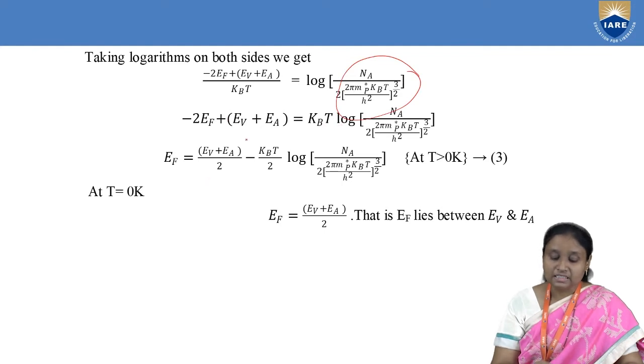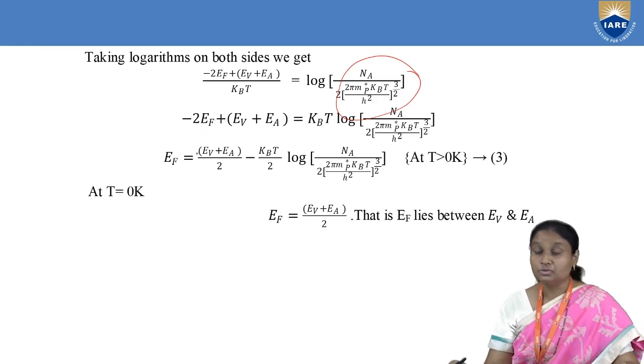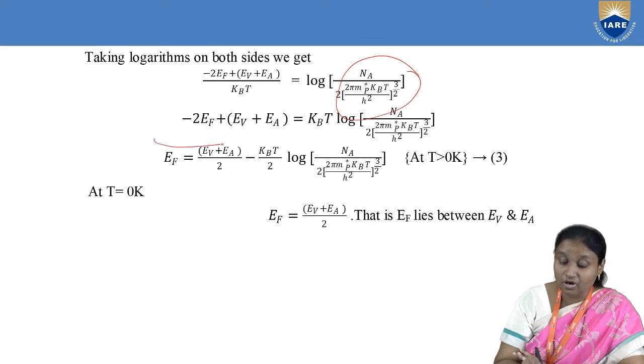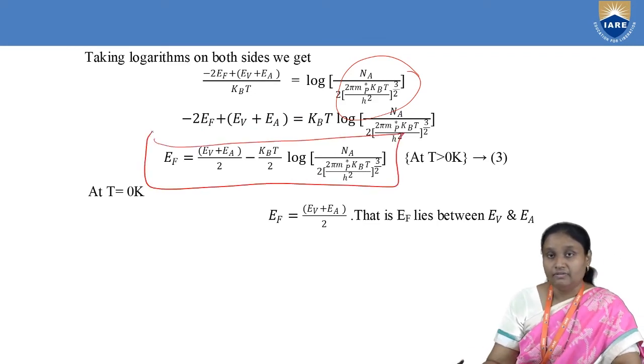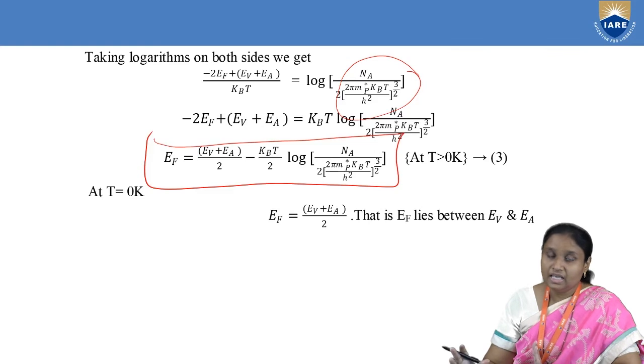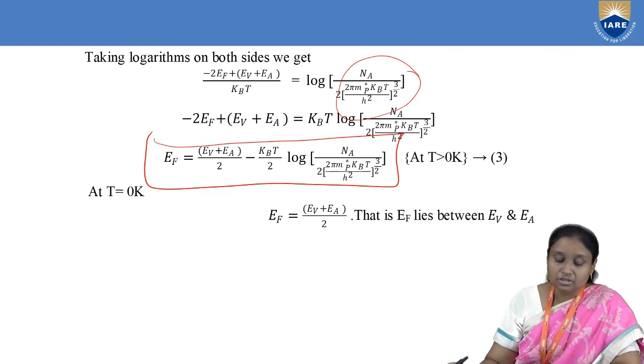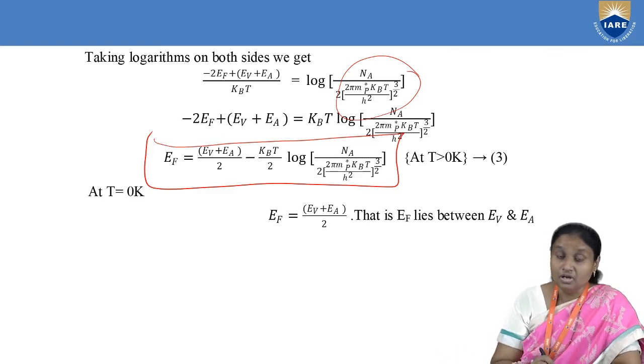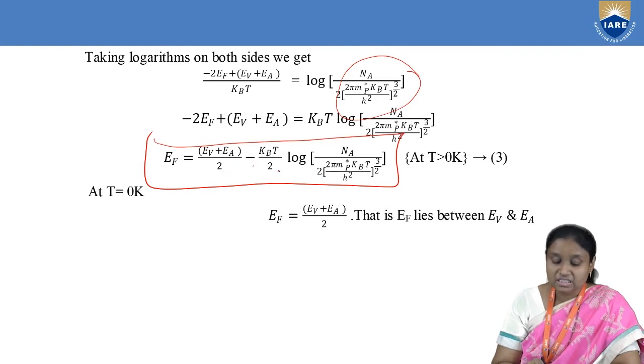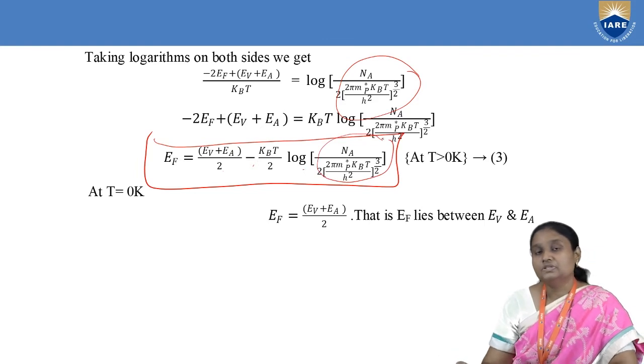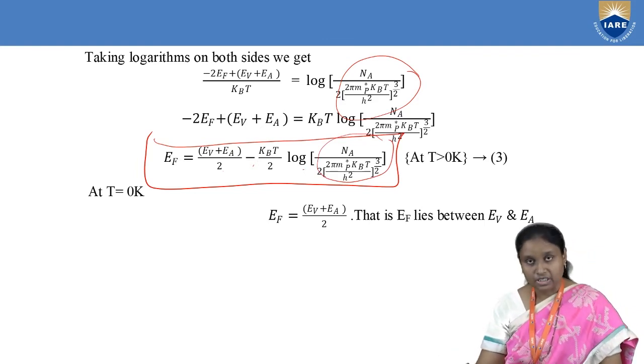After that, again I'll take this EV plus EA to the other side, and also take this 2 to the other side, so that we get the expression for the Fermi energy level. When we rearrange and simplify this equation, we end up having the expression for the Fermi energy level in p-type semiconductors as EV plus EA by 2 minus kBT by 2 log of this particular constant term. So this is the expression for the Fermi level in p-type semiconductors.